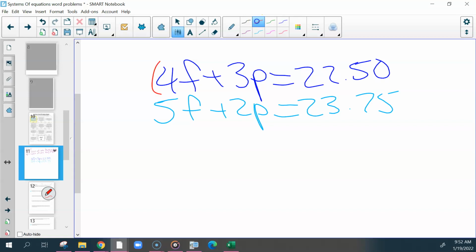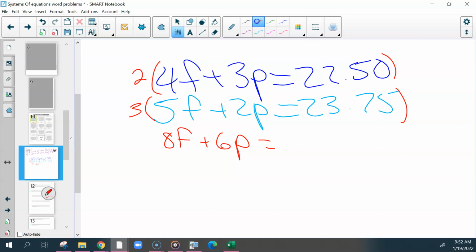So if I multiply this first one by 2 and this bottom one by 3, that would work. So we'd have 8f plus 6p equals some number. Someone tell me what that is.